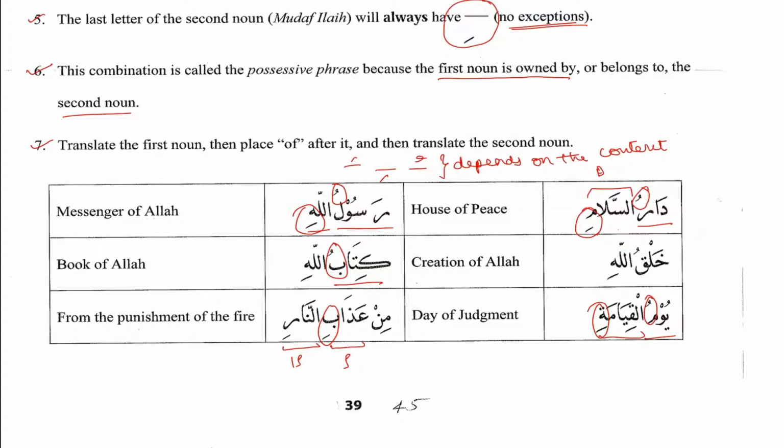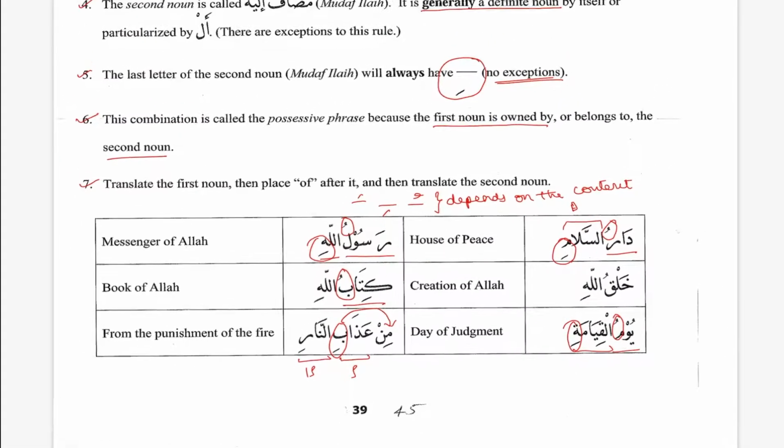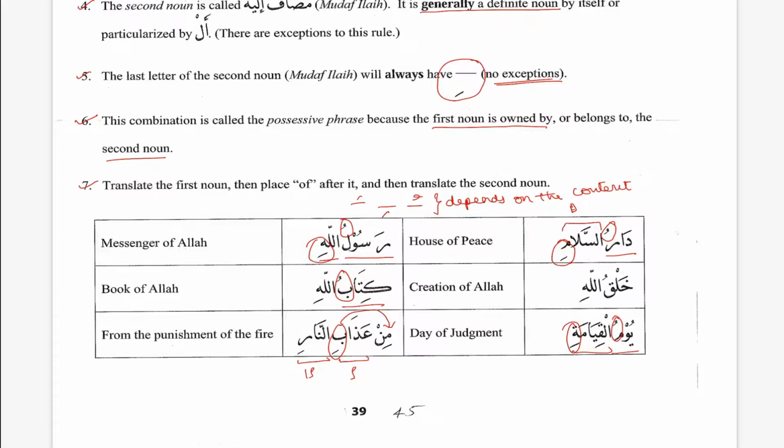Why does it have a kasra? Because we have covered it in the last lesson, because it is preceded by a harf jar, min. So that's why there is a kasra here. Min azabin nari. These are some of the examples in which the mudaf ilaih was definite.